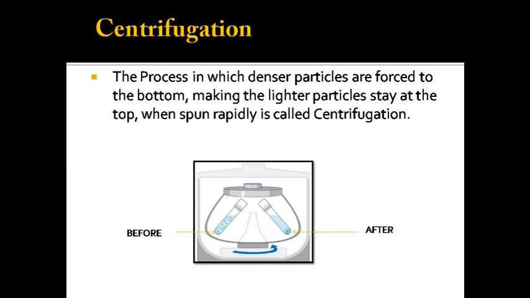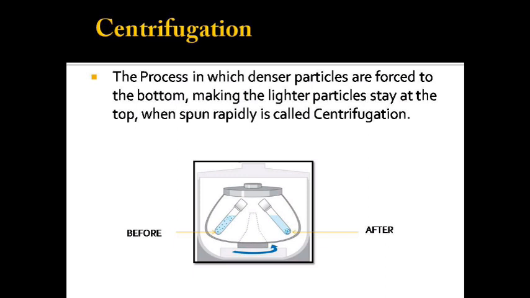Centrifugation. The process in which denser particles are forced to the bottom, making the lighter particles stay at the top when spun rapidly, is called centrifugation. This process requires spinning of the mixture rapidly.